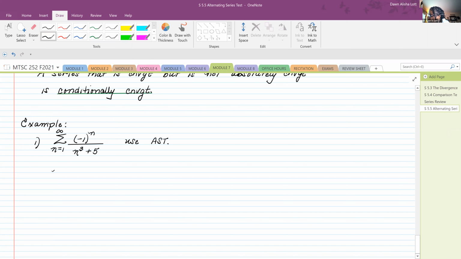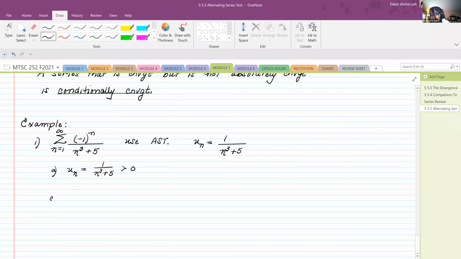And so A, my UN is 1 over n cubed plus 5. Okay, so let's see. So we have A, UN equal to 1 over n cubed plus 5 is definitely positive.